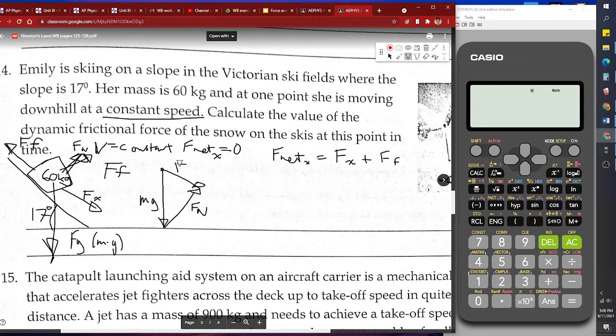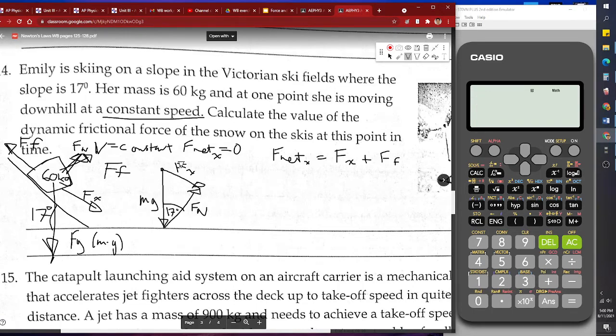That's going to be my Fx, and you can see it follows the angle of the slope. Where exactly is this angle? Relative to a horizontal plane, it goes opposite the angle of the side that we want to find, which is Fx.